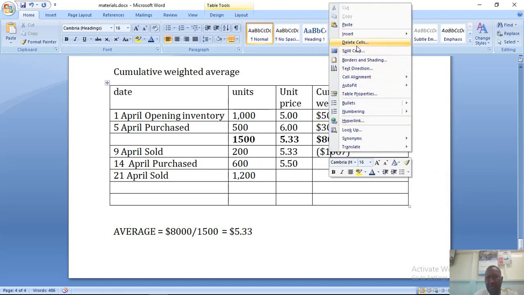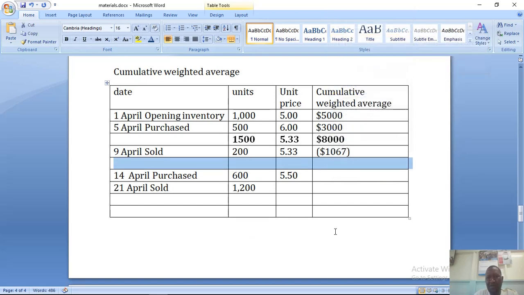After this issue, we had 1,500 units before we issued 200, so we should remain with 1,300 units. In terms of money, how much is remaining?